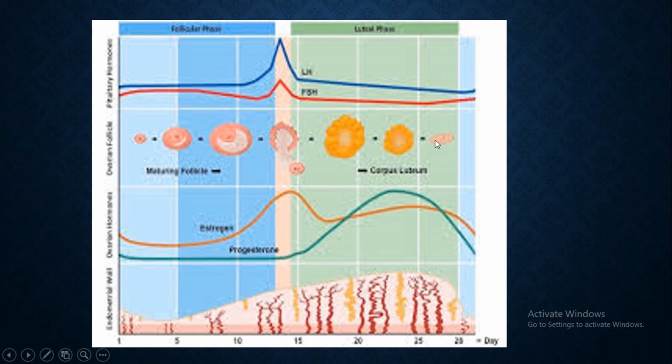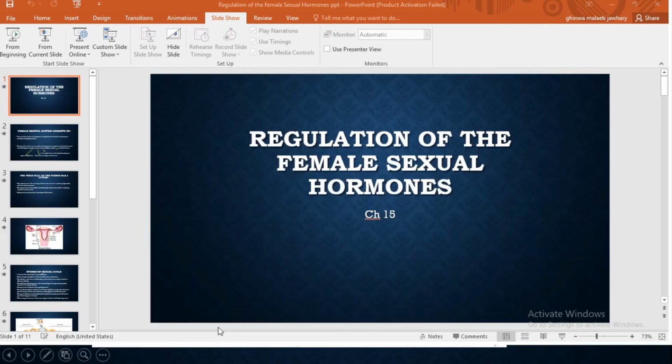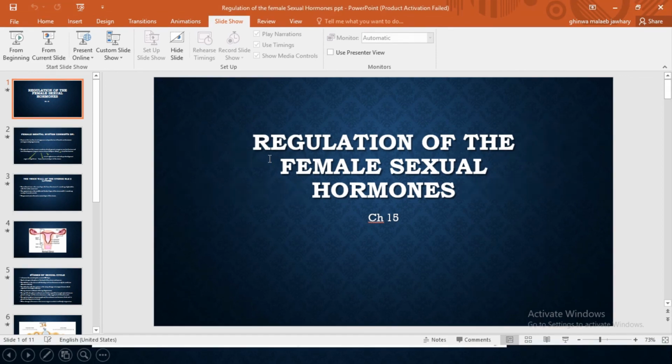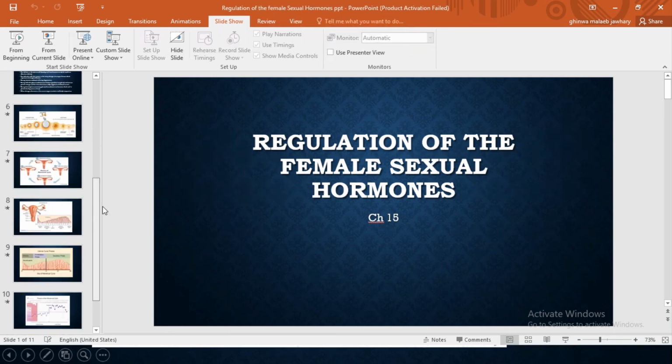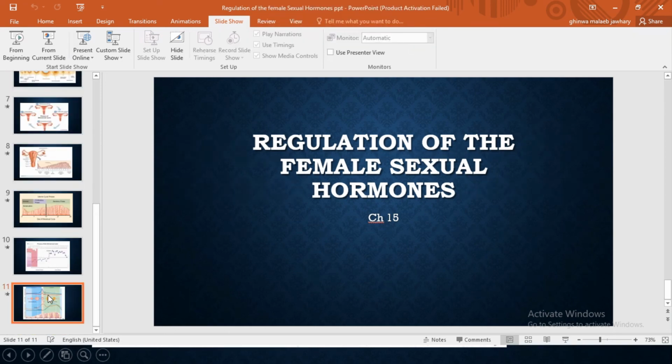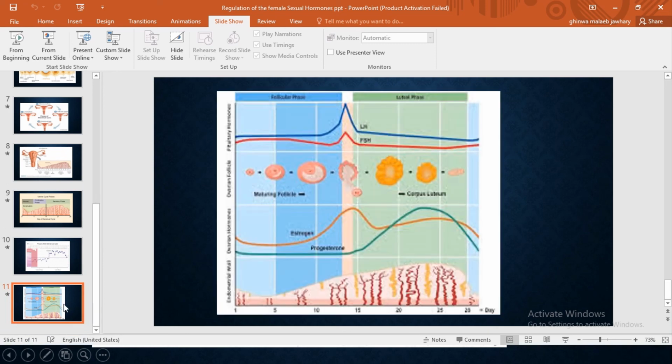When the corpus albicans is formed, which is the regression of the corpus luteum, this marks the end of the cycle.